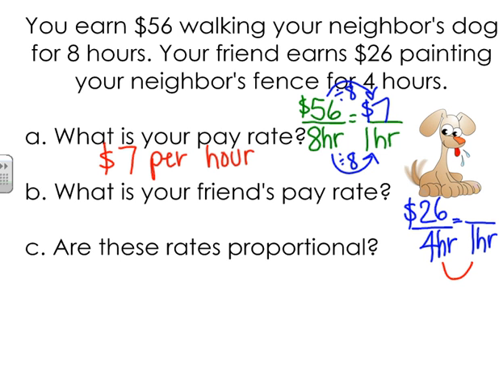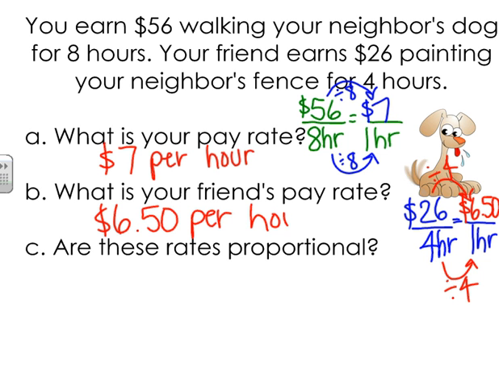So we're going to divide by 4, and in the numerator, we're going to do the same thing. 26 divided by 4 is going to give us $6.50. So your friend's pay rate is $6.50 per hour. Again, it is extremely important to have units in the denominator and in the numerator.